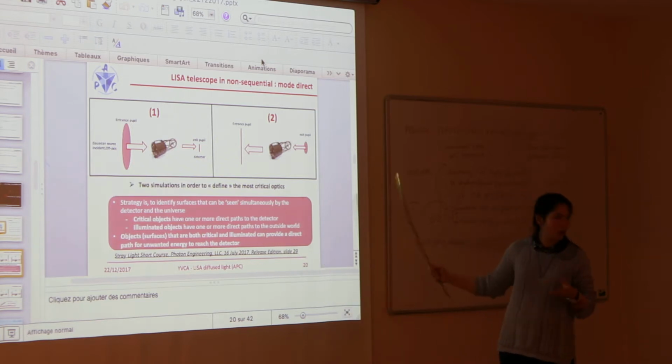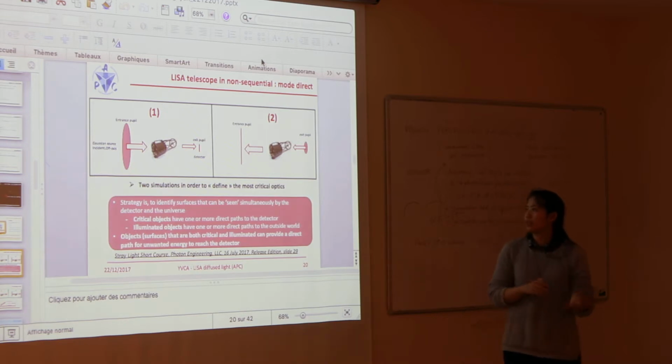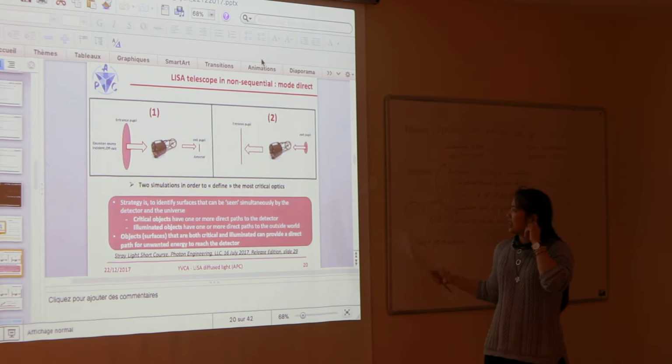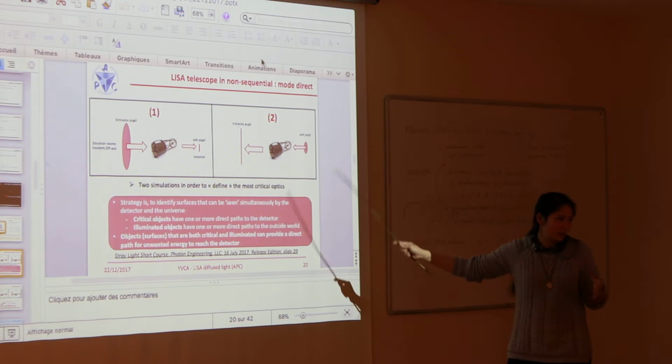There will be a source of stray light, and this is how we define critical optics. Because if there is optics which doesn't diffuse the light a lot, it's not a problem. And in this case, it is easy because all the telescope optics will diffuse.